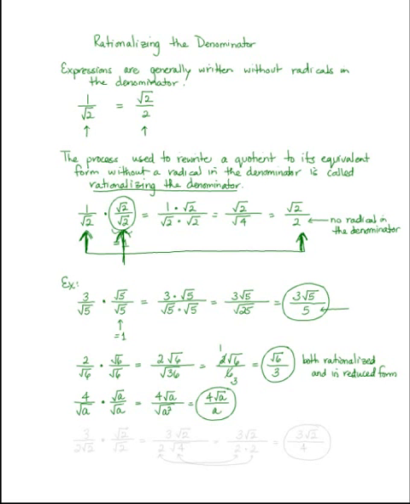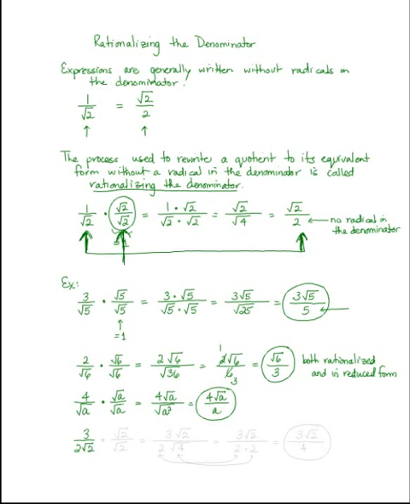Let's try one that's a little bit different. We have 3 divided by 2 times the square root of 2. In this particular case, in our denominator, we have a square root of 2 that we need to rationalize.